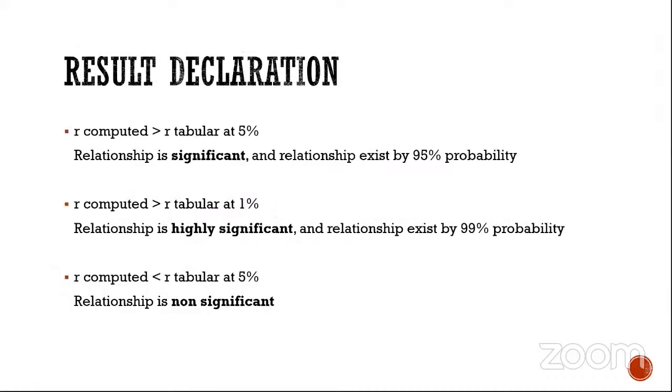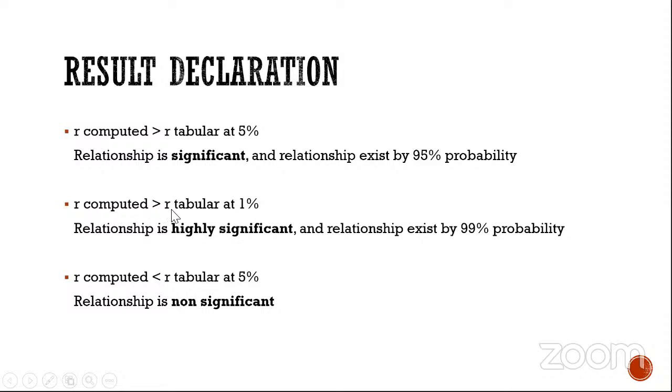So how do we declare the result for the correlation? Suppose our calculated or computed R value is greater than the tabular value. The standard tables are available in statistical books. So if R computed is greater than R tabular at 5%, that means the relationship is significant, and the relationship exists with 95% probability.